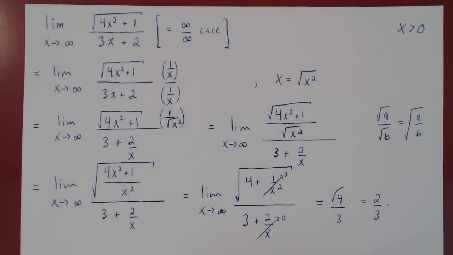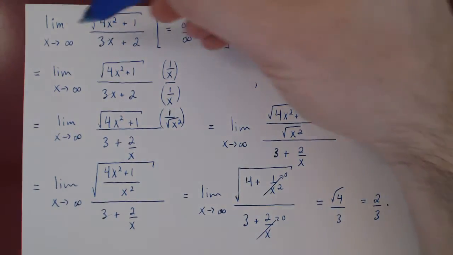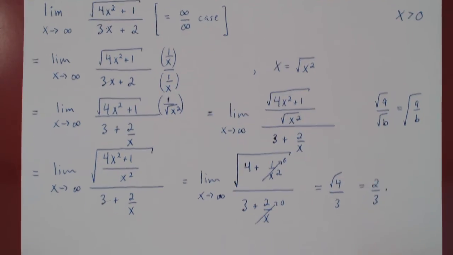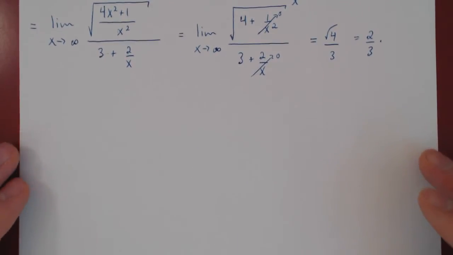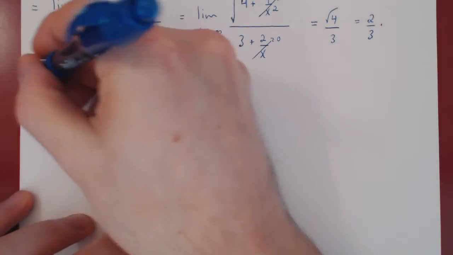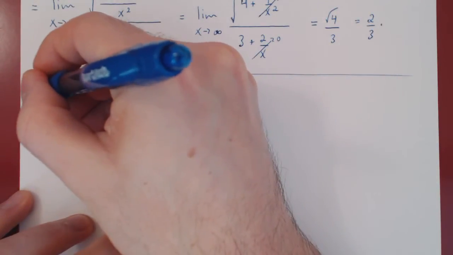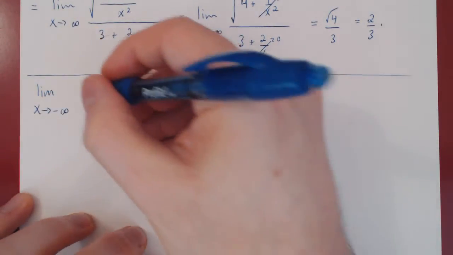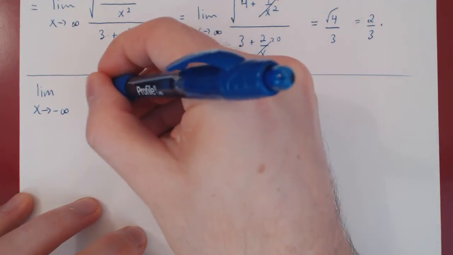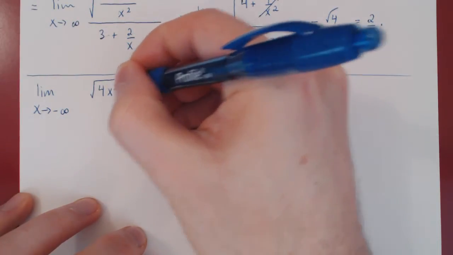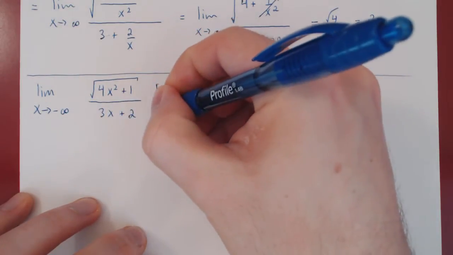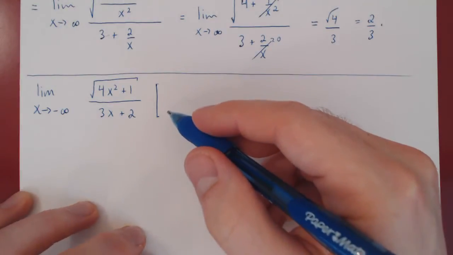Now, let's consider the exact same limit, but instead of letting x approach positive infinity, we will let x approach negative infinity and see if something changes. Right away from the case, we'll see something is different.